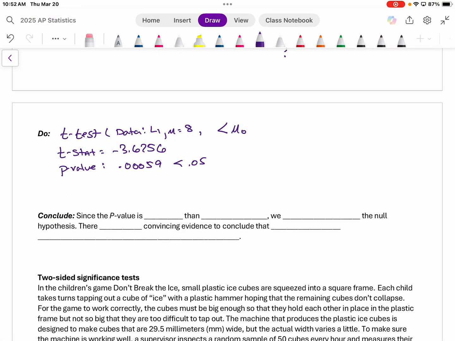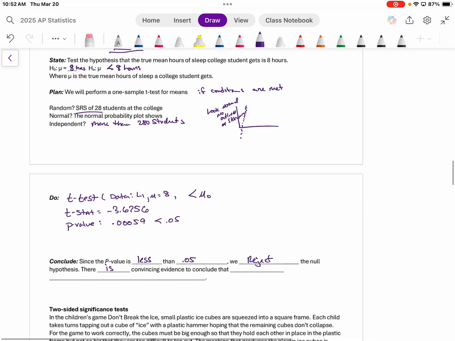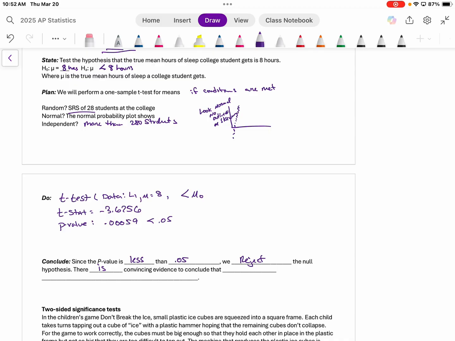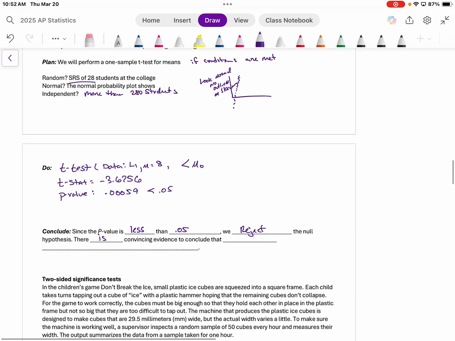Since the p-value is less than 0.05, we reject the null hypothesis. There is convincing evidence to conclude that, going back to our statement up here, the true mean hours of sleep a college student gets is less than 8 hours.